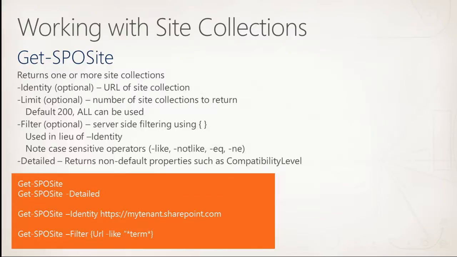There's this parameter called -Detailed that you must have for certain types of queries. And what -Detailed says is, I don't care about performance, give me every attribute that comes back. So again, think of it like CSOM if you're a developer. We can pass an identity, and you can also pass a filter. That filter is case sensitive, by the way, so the -like or -eq, be sure to get that right when you do it. Otherwise, you'll get some kind of weird, funky syntax there.